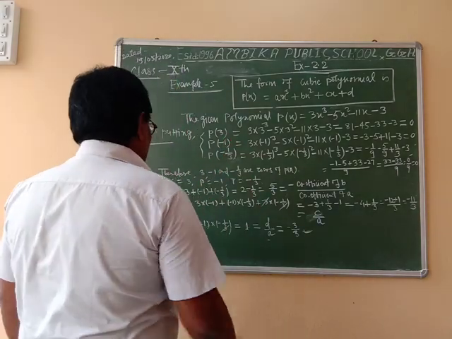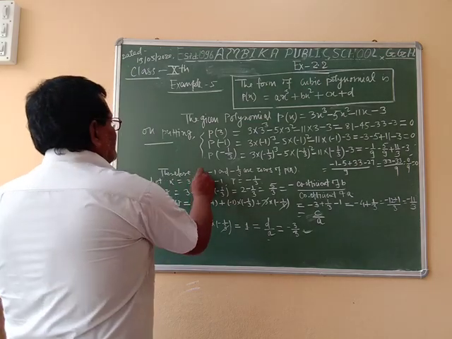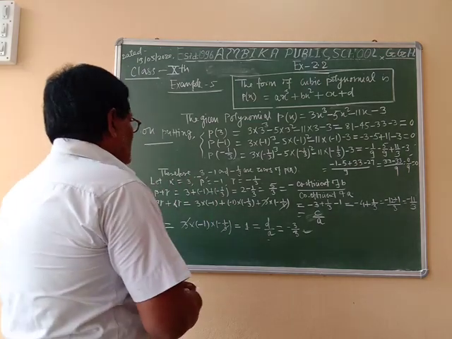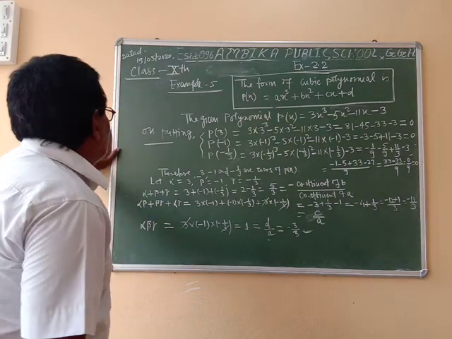And after that we find the relation between the zeros and coefficients of the polynomial.